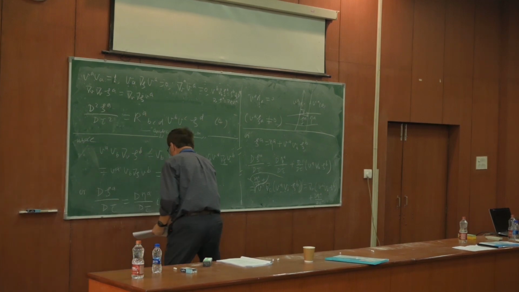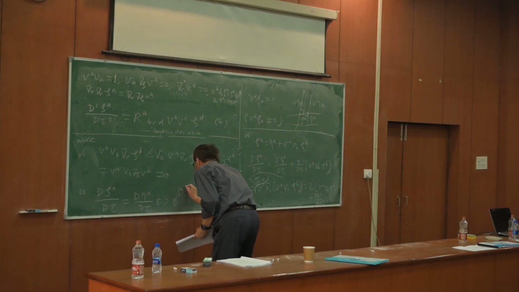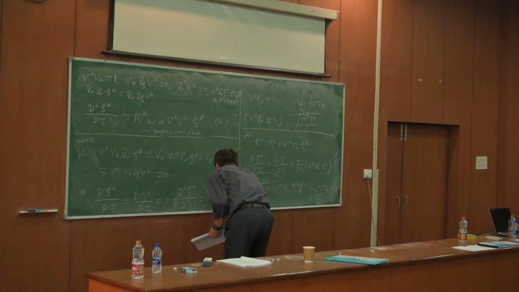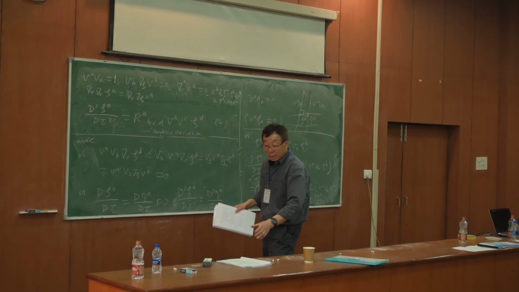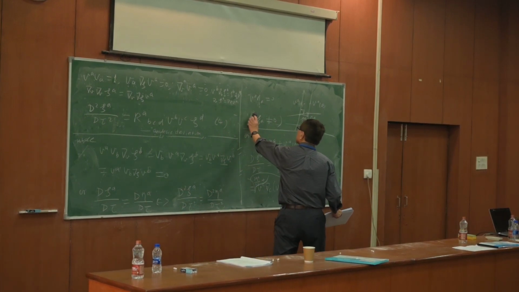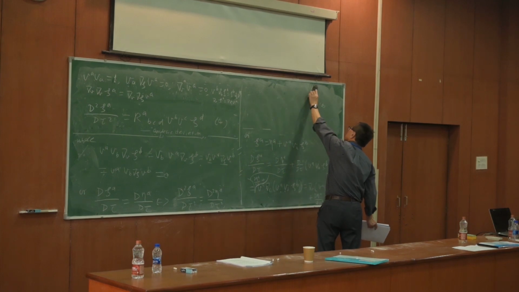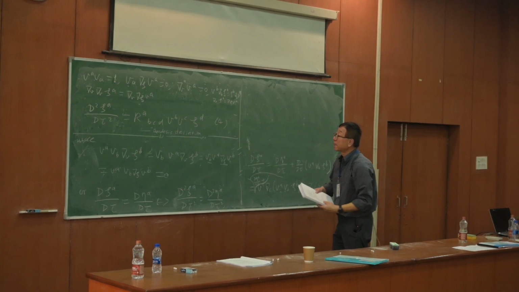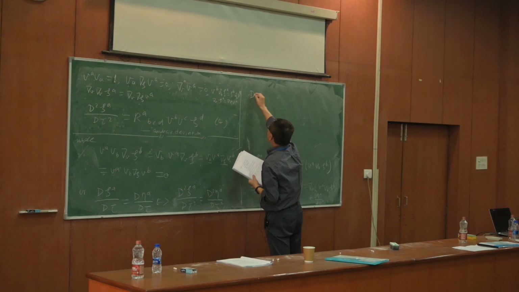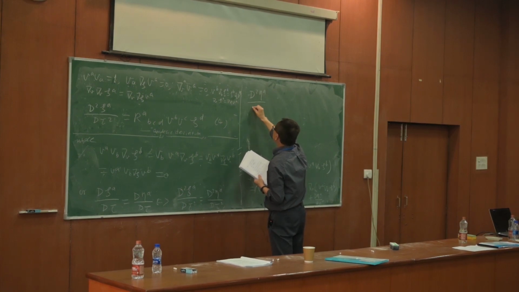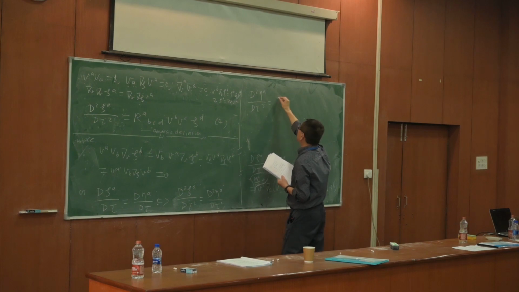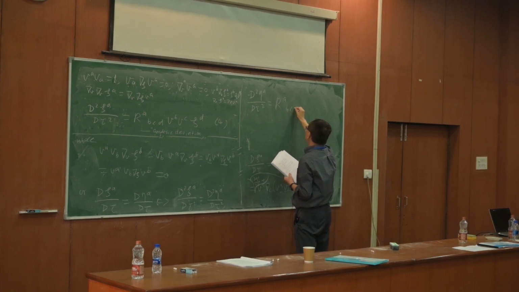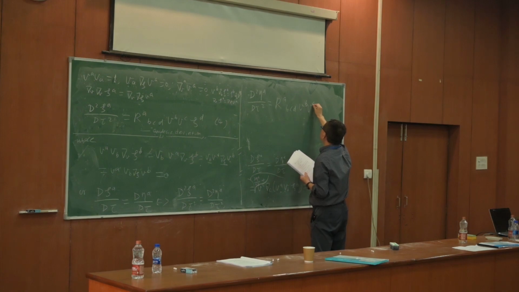Take the second derivatives, this will be d squared theta, d squared eta over d tau squared. So once I get that one, I'm going to have d squared eta over d tau squared equal R_{abcd} v^c.